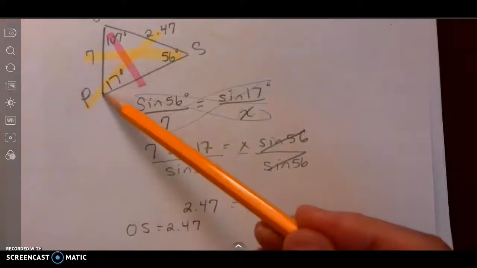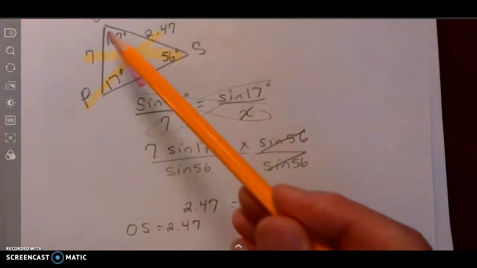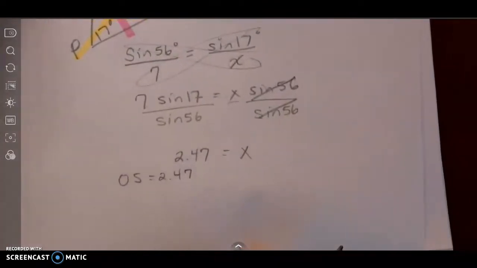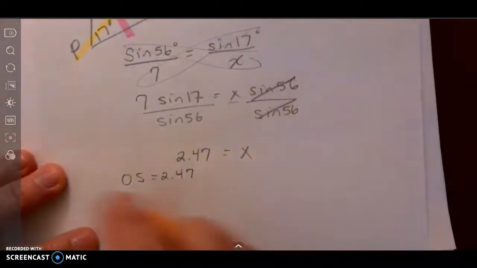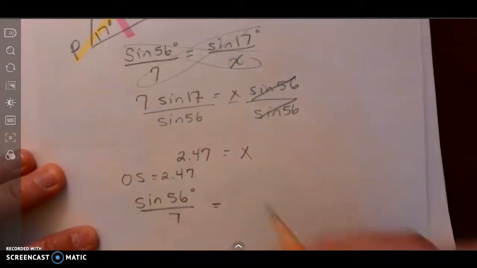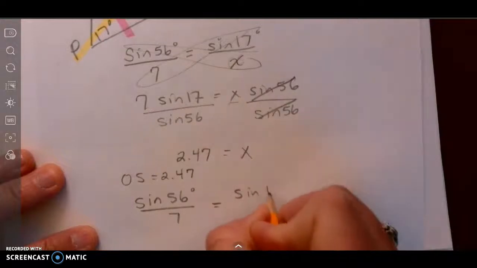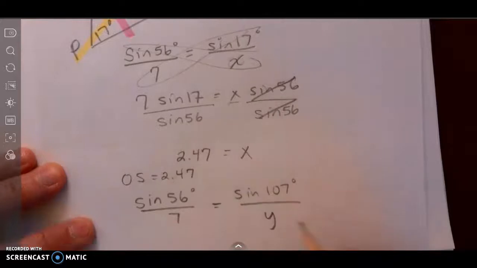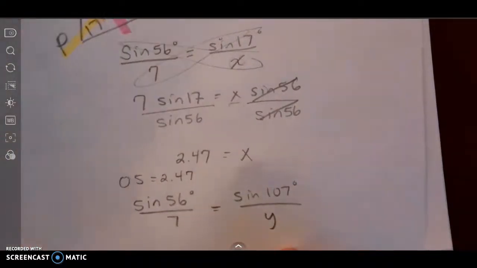So I'm going to go on to my next one, where I'll say sine of 56 divided by 7 equals sine of 107 divided by, I'll call this one y. I'll let PS be called y.